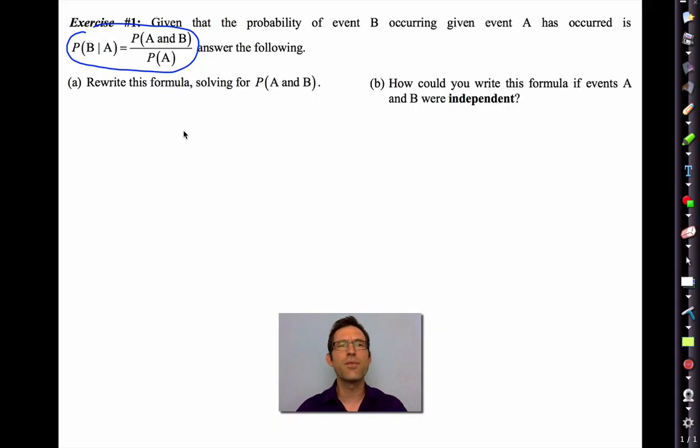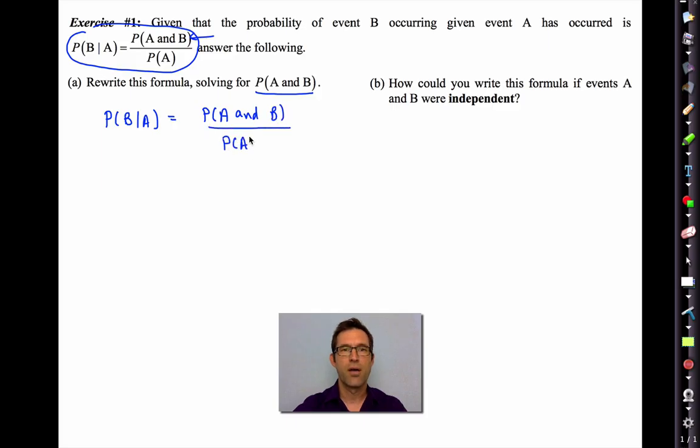Letter A says, rewrite this formula, solving for P of A and B. So what would you get if you solved for P of A and B in this formula? Pause the video for a minute and solve for this quantity.